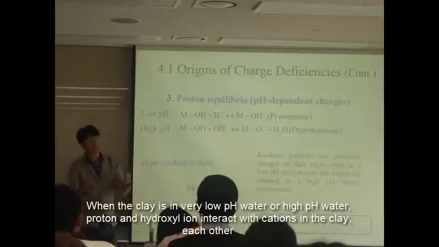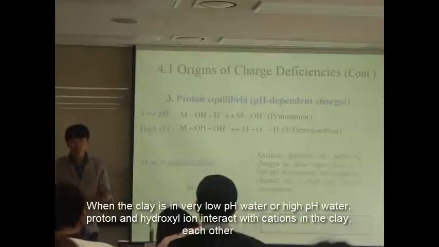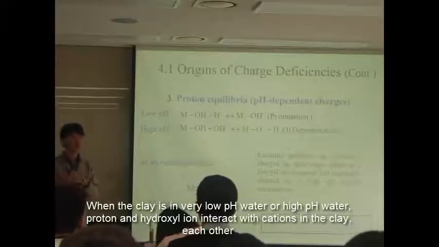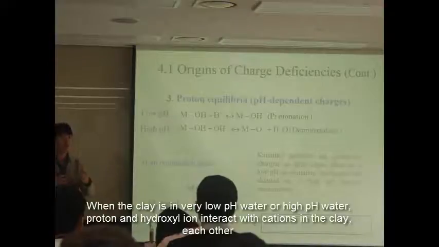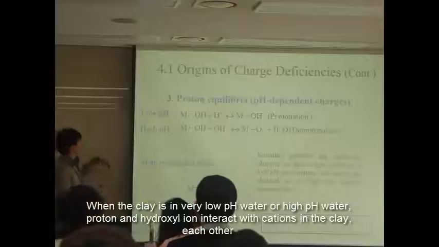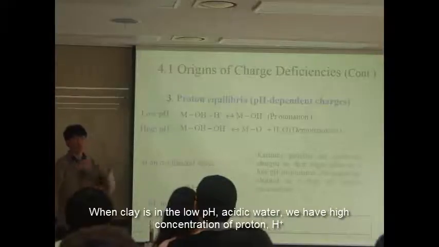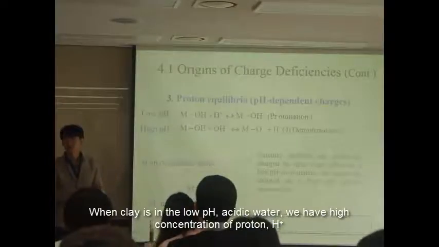When the clay is in very low pH water or high pH water, the proton and the hydroxyl ion will interact with the cation so that they replace each other. When the clay is in low pH acidic water, you have a high concentration of the proton, H+.